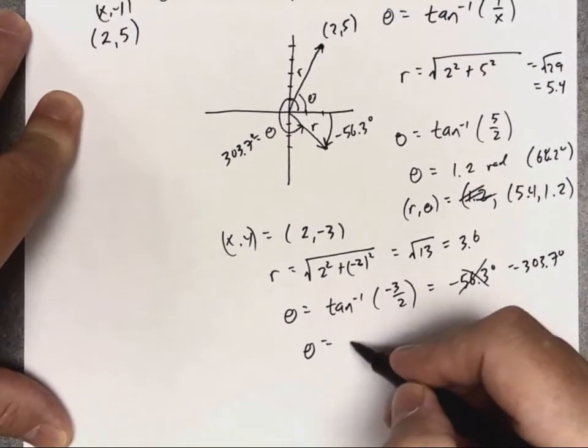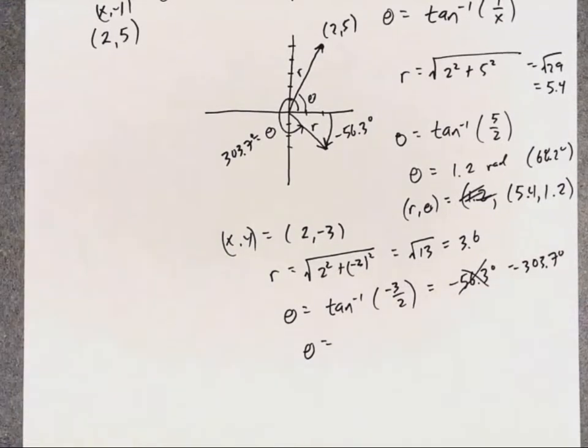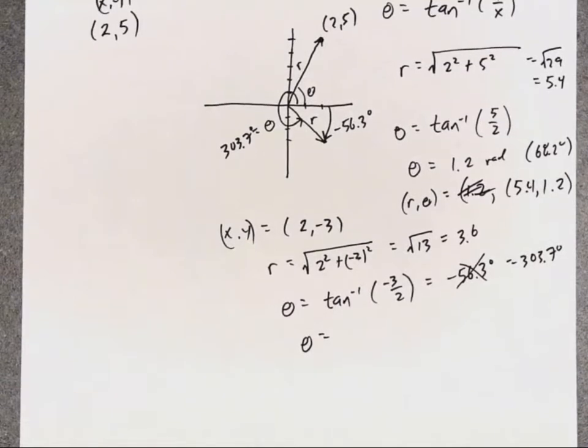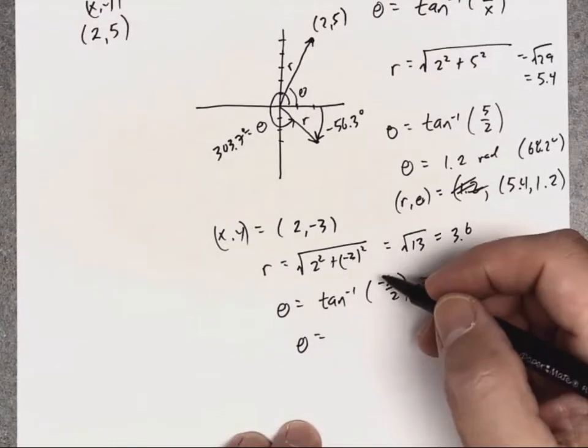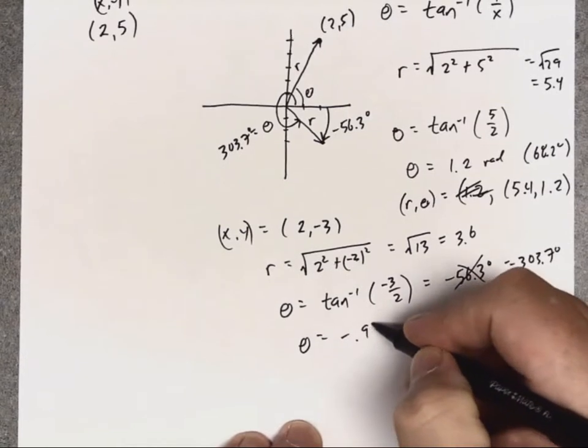Now, since I want it in radians, let's do the same problem in radians now that I sort of have a good feel for it. I just wanted to make sure I was on the right track. So in radians, -3 divided by 2 and then the inverse tangent. So it actually is negative 0.98.